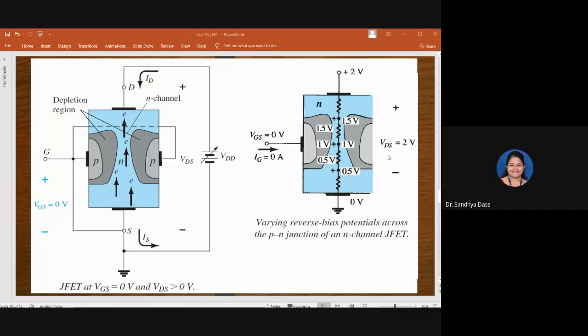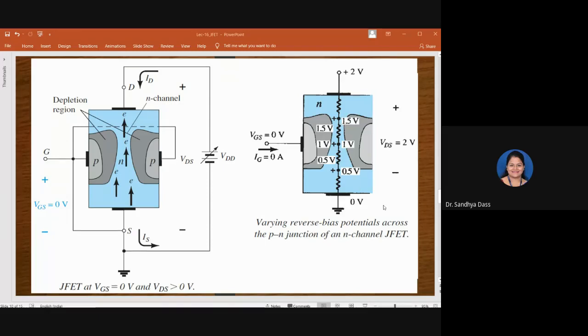As we vary the VDS, the depletion region goes on widening, isn't it? Recall the diode operation we had there. The greater the applied reverse voltage, the wider will be the depletion region. So the depletion region goes on widening, and this widening will be more in the upper region of the channel compared to the lower region.